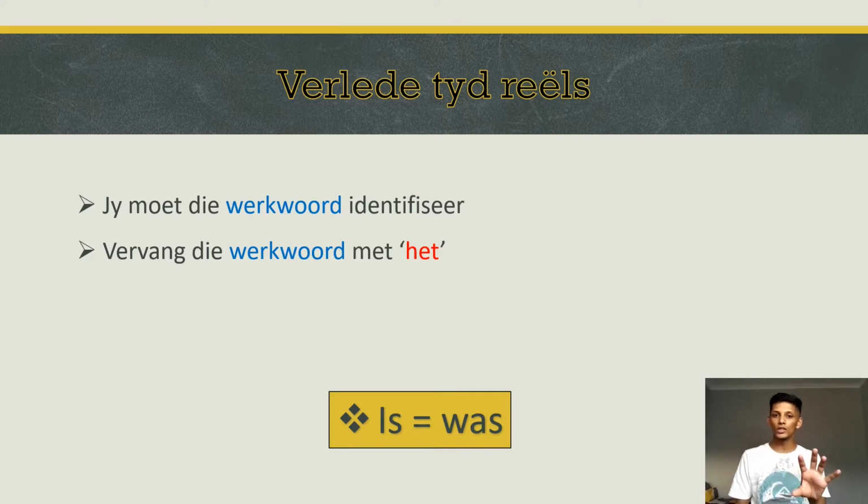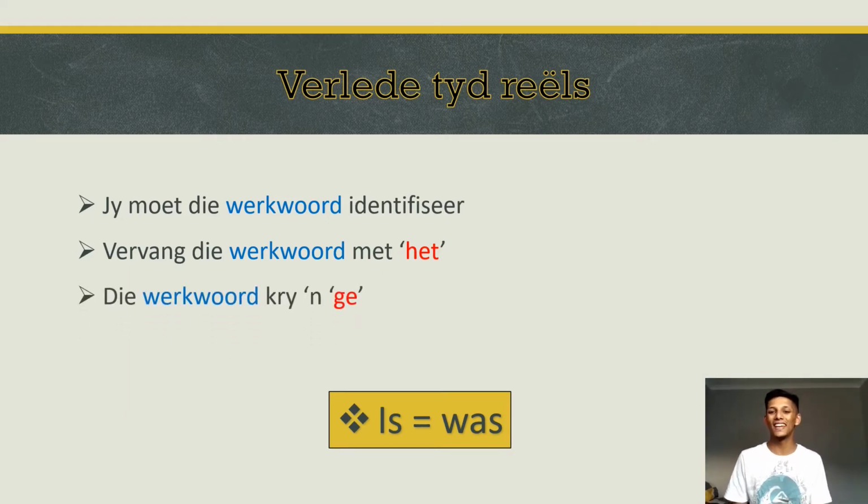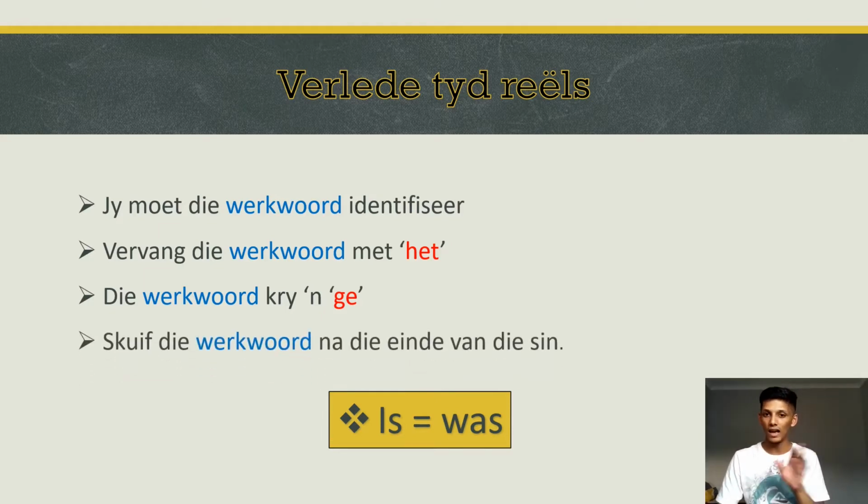So you're going to look at your werkwoord and then you're going to take it out and replace it with het. Thereafter, die werkwoord kry 'n g. Jy moet die werkwoord verbind met g. By die einde van die sin, die laaste reël, skuif die werkwoord na die einde van die sin en die werkwoord met die g. So, by die einde van jou sin, dit sal sê geskryf, geskop, geslaap.